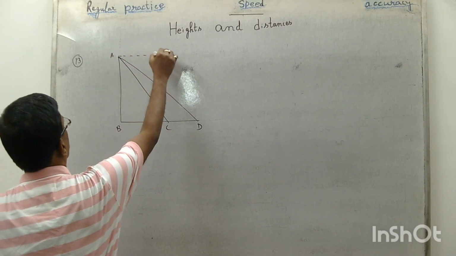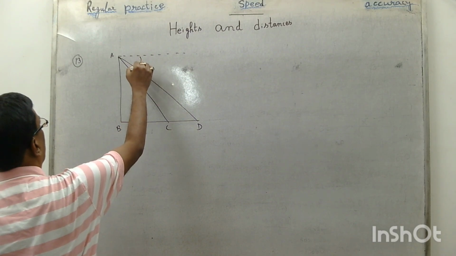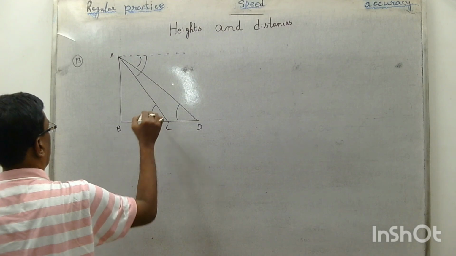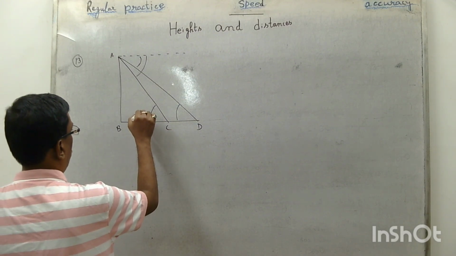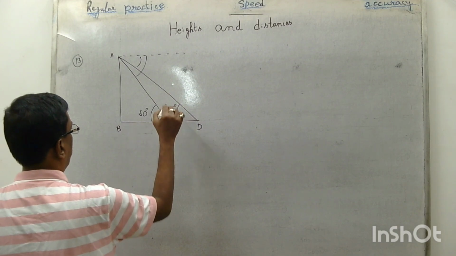This is the horizontal line parallel to this, and this angle is this one, and this one is this one. So it is 60 and it is 45. Clear?